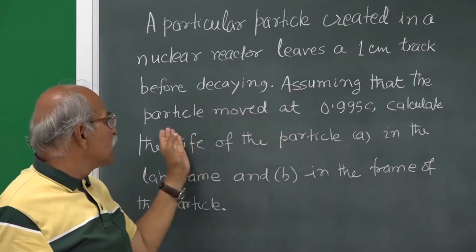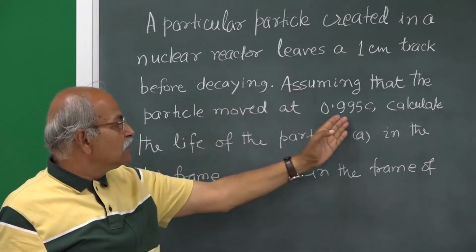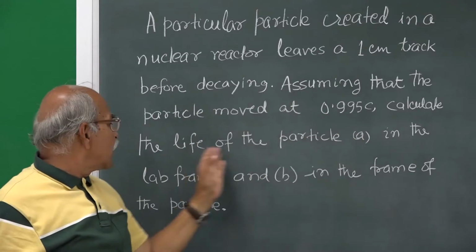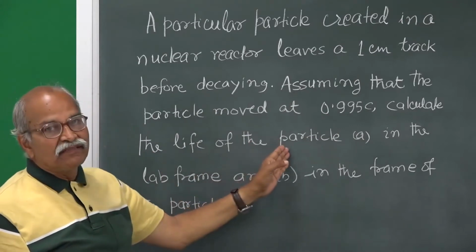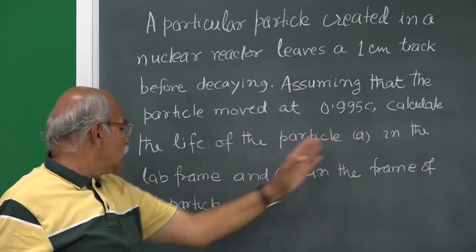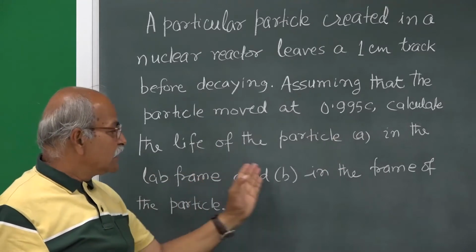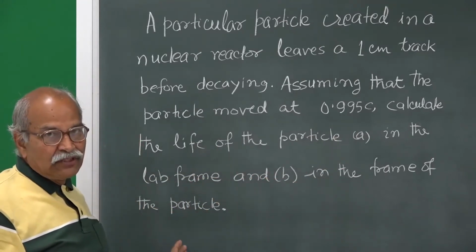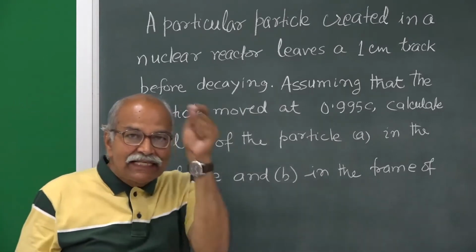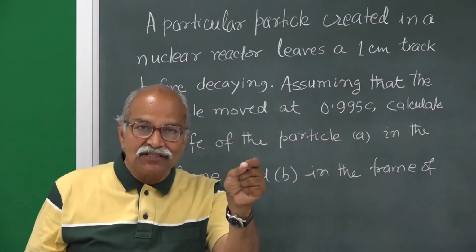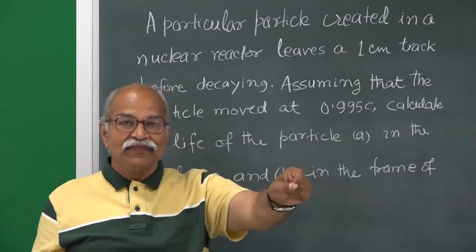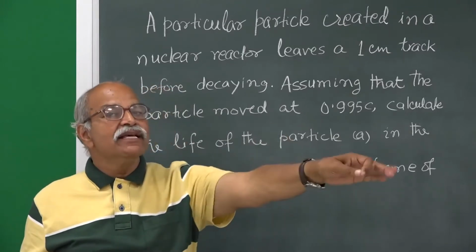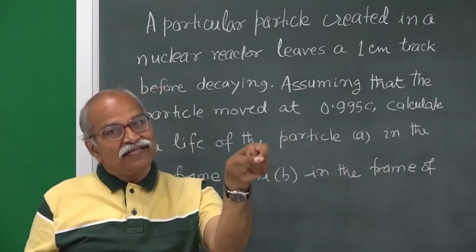Assuming that the particle moved at 0.995 C, calculate the life of the particle, one in the lab frame and then second in the frame of the particle. So, when the particle is created, the track starts because the particle is moving, and when the particle decays, that particular track is terminated.